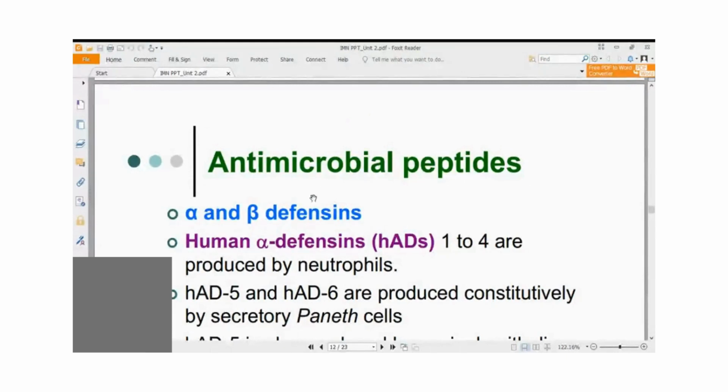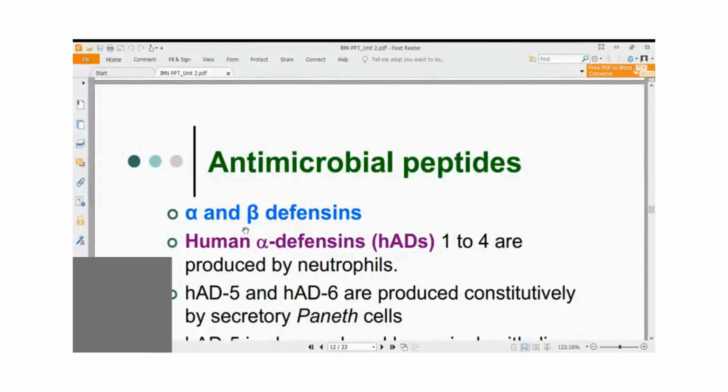These defenses, the antimicrobial peptides, are produced by the epithelial surfaces, and some of them are produced by immune cells. One of the immune cells is the neutrophil.